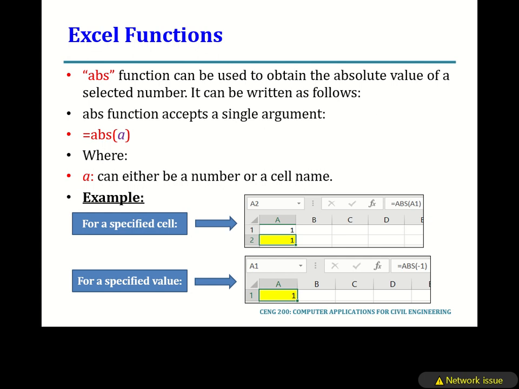ABS in Excel means absolute. Absolute means positive. So the numbers will be taken without sign. So how many arguments for absolute?